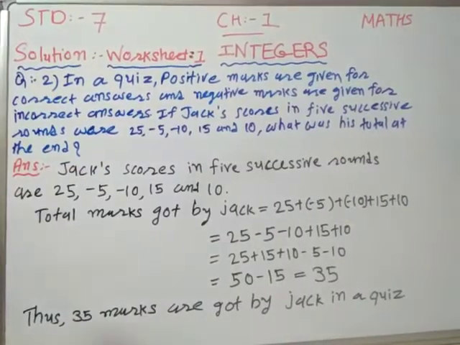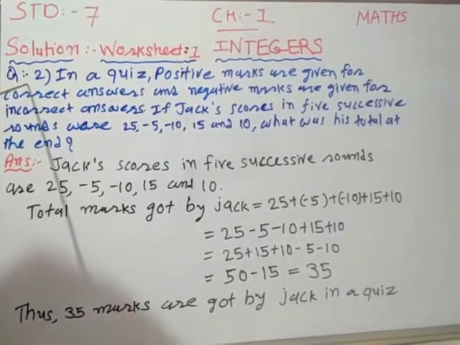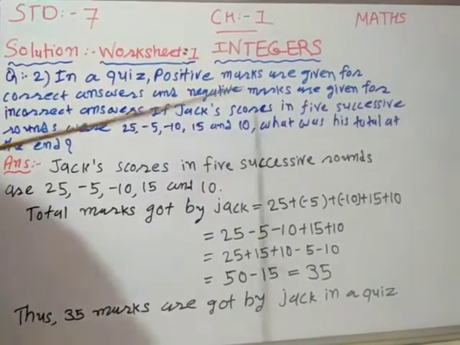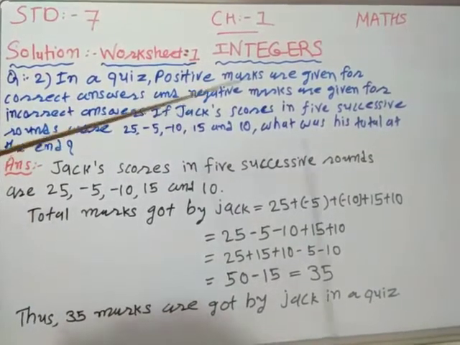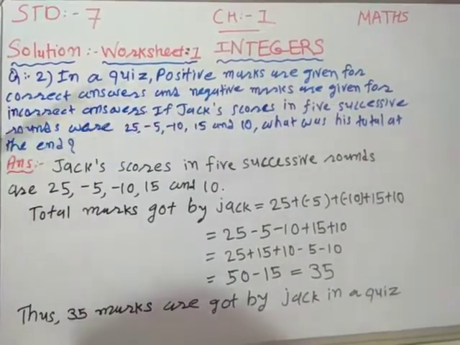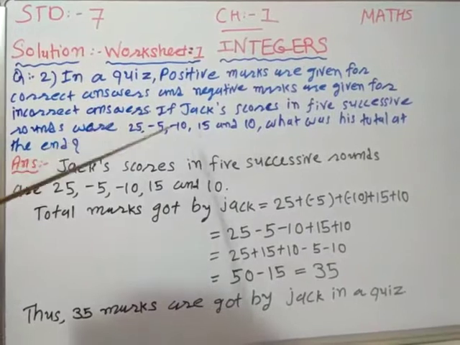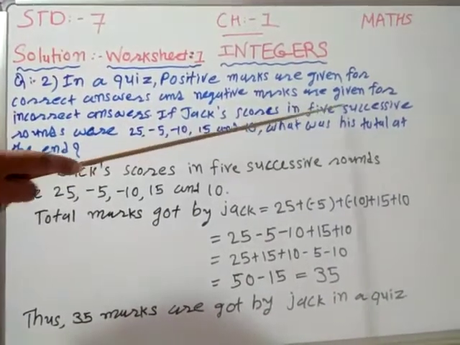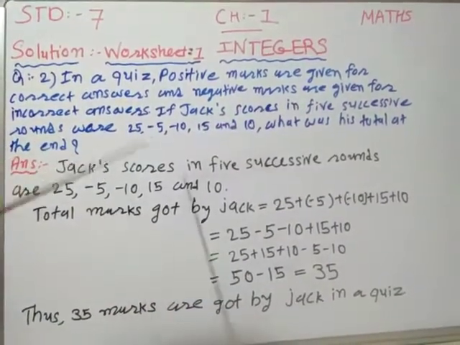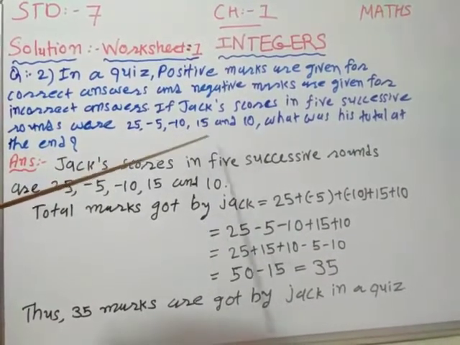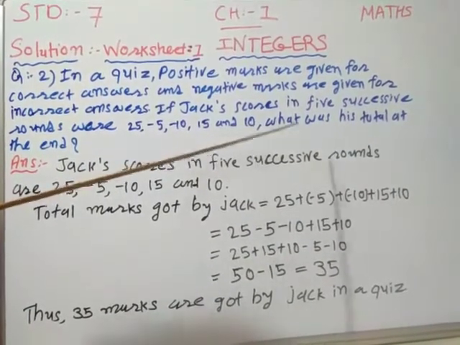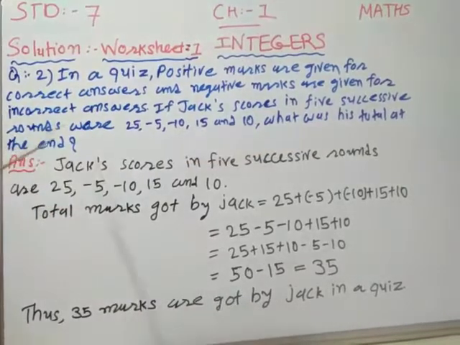Now let us solve question 2. Question 2: in a quiz, positive marks are given for correct answers and negative marks are given for incorrect answers. If Jack's scores in 5 successive rounds were 25, minus 5, minus 10, 15 and 10, what was his total at the end?